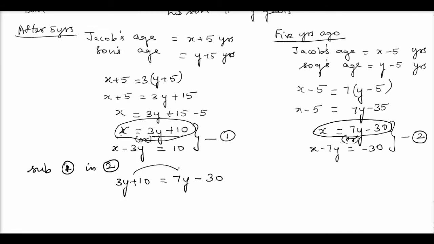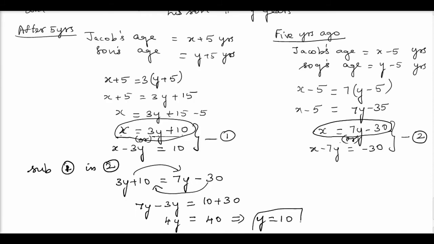Let's group y to one side and constants to the other side so that I get 7y minus 3y equal 10 plus 30. Alright, so I get 4y equal 40. That gives me y equal 10.